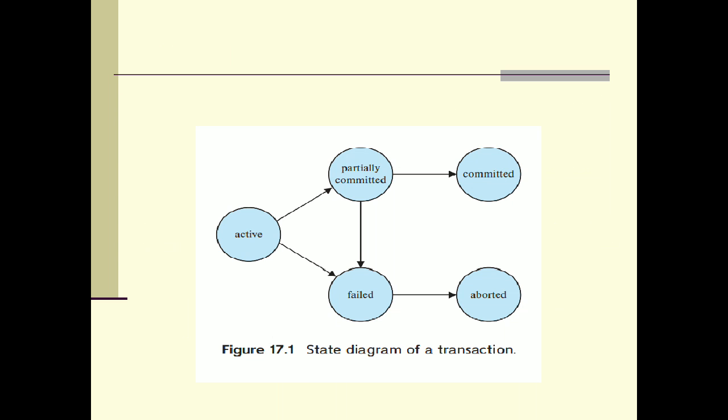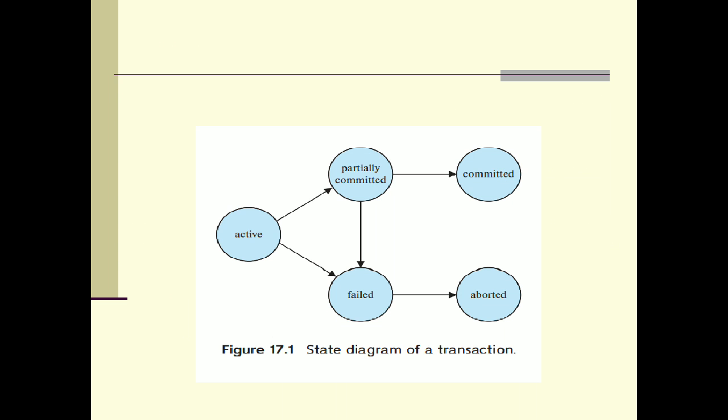If the active transaction enters the partially committed state, either it is committed, that means it is successfully completed, or the partially committed transaction may fail due to some reason.